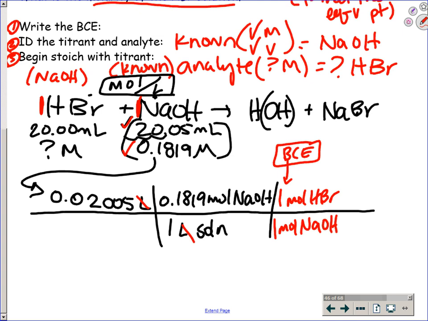Now we're so close. Molarity is what we're looking for. Again, what's molarity? Moles over liters. So if I have sodium hydroxide moles that cancel, how do I get the units of moles per liter? I already have moles right here. You would change 20 milliliters to liters, so 0.02 liters. How do I get moles per liter?